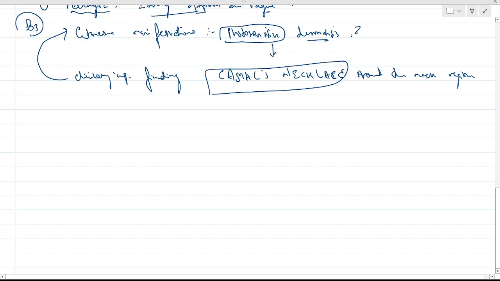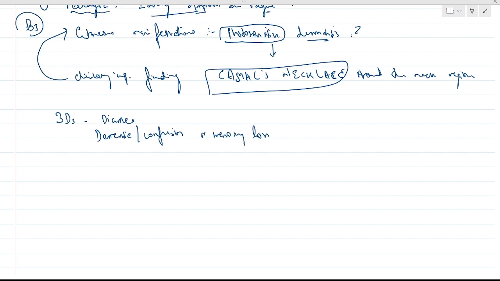With pellagra are associated the 3 Ds, which are diarrhea, dementia, that is confusion or memory loss, and depressive psychosis.